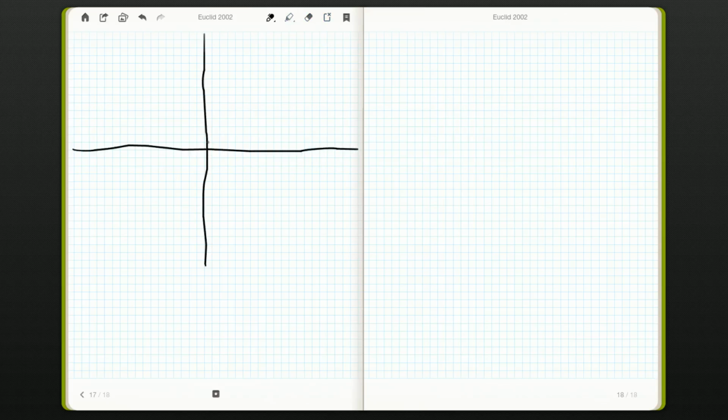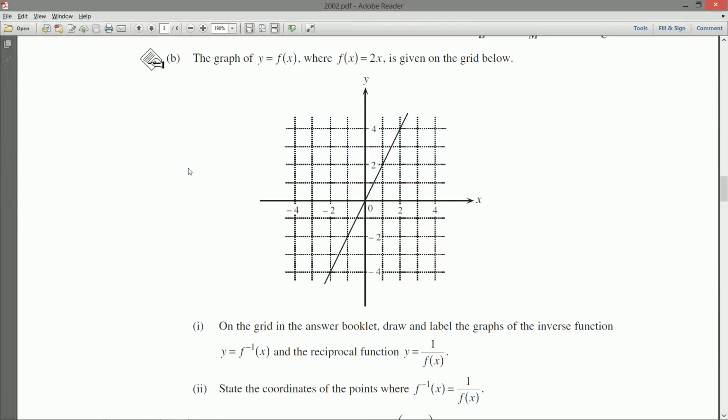So every 3 will be 1, 2, 3, 4, 5, 6. 1, 2, 3, 4, 5. Then negative 1, 2, 3, 4, 5. Okay, that's as far as we're going. So I'm going to actually draw our original function as well on here, so that I won't need to keep flipping back.